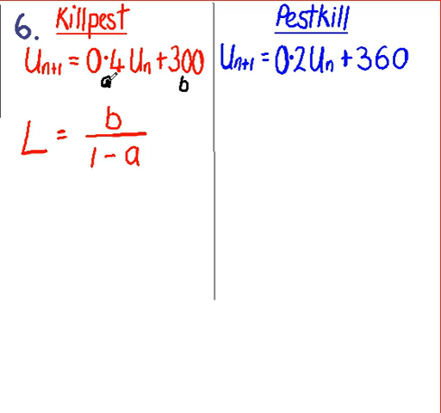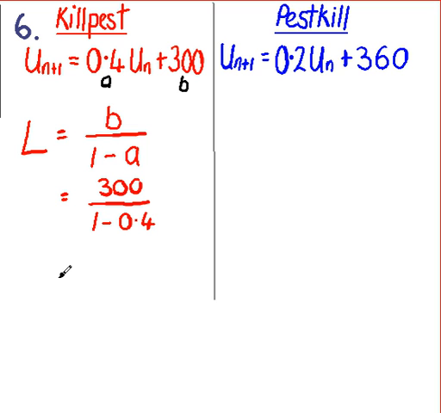A is 0.4 and B is 300. So substituting those in, we have 300 over 1 minus A. So that's 1 minus 0.4.